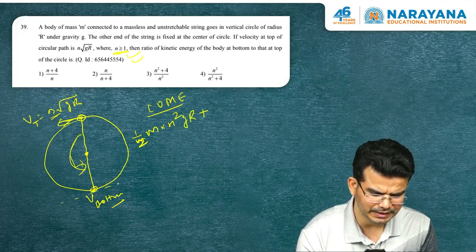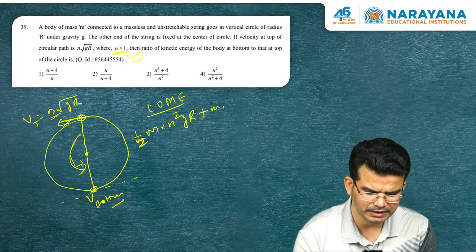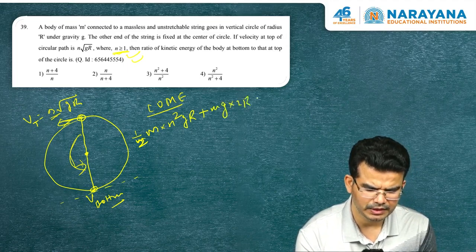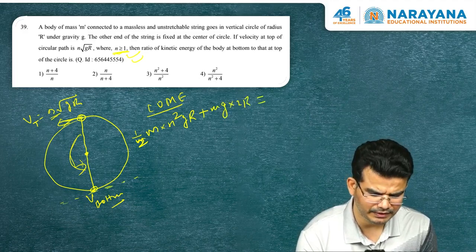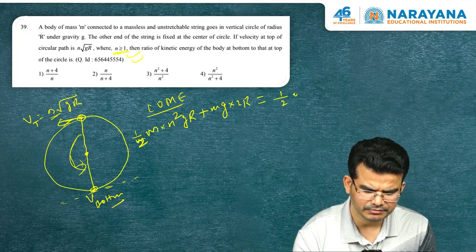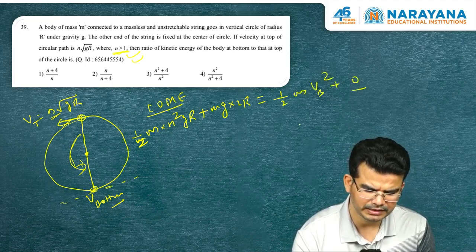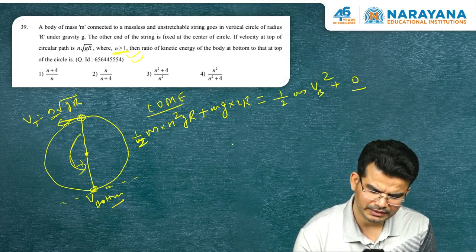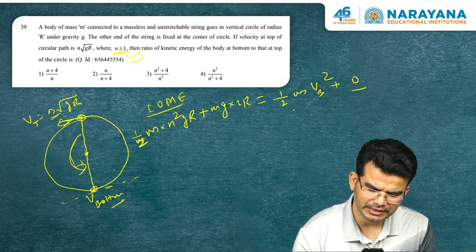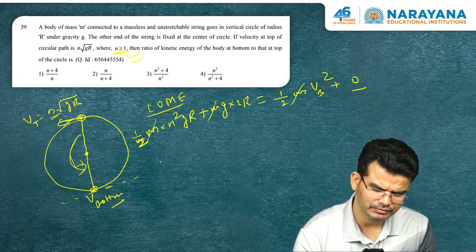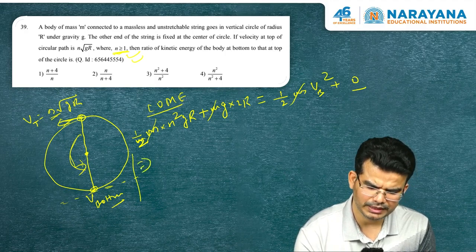If I take this as my reference, potential energy here is mg into 2r, and this must be equal to final half m V bottom square plus potential energy 0. Very simple. m anyway gets cancelled out.